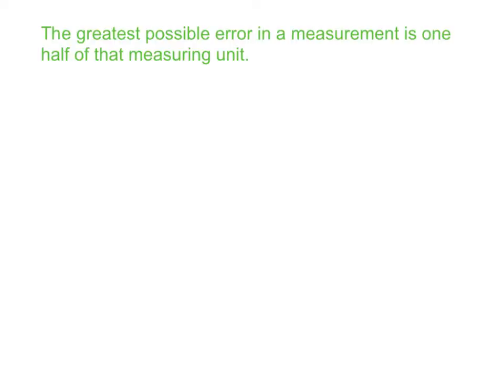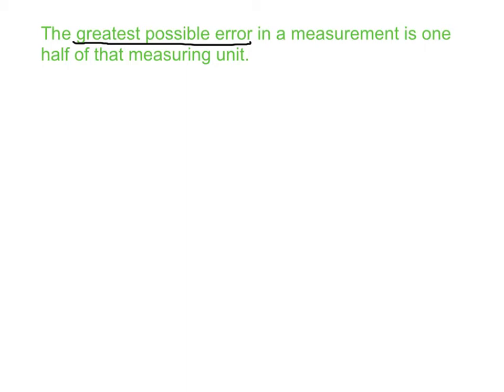So you always measure to the nearest something, to the nearest inch, to the nearest eighth of an inch, to the nearest centimeter. You never are going to get something exact, so you always go to the closest something. So this is called the greatest possible error. So here's your vocab word. The greatest possible error in a measurement is 1/2 of that measuring unit.